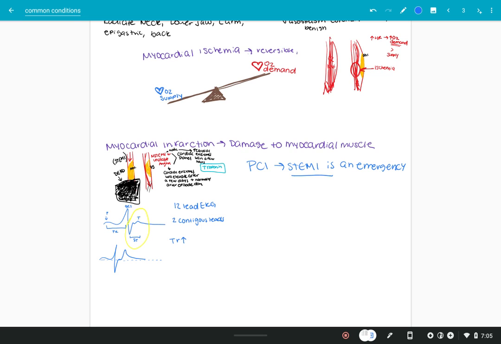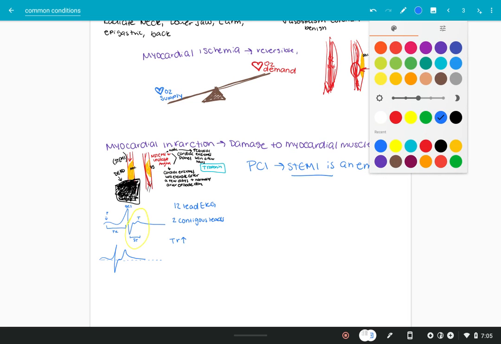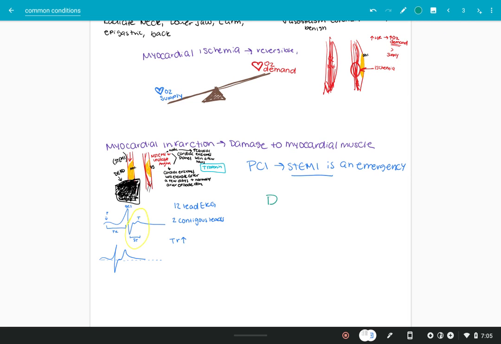So let's go diagnostics, and let's do a different color. So we'll do diagnostics. Diagnostics for both of these would be a stress test. Well, I say both, but not for STEMIs. For STEMIs, really, we just look at EKGs.